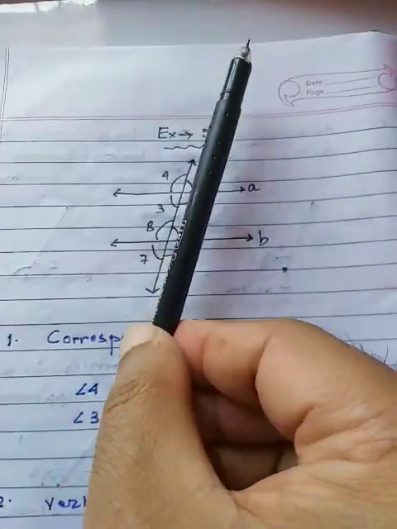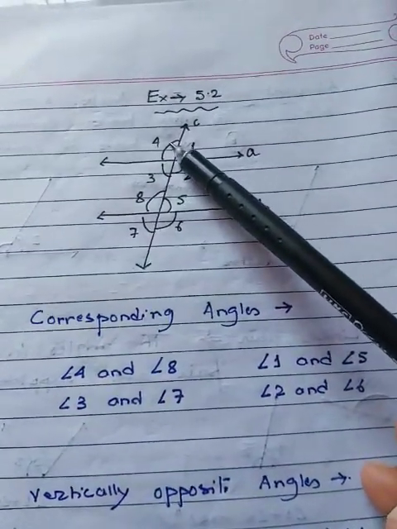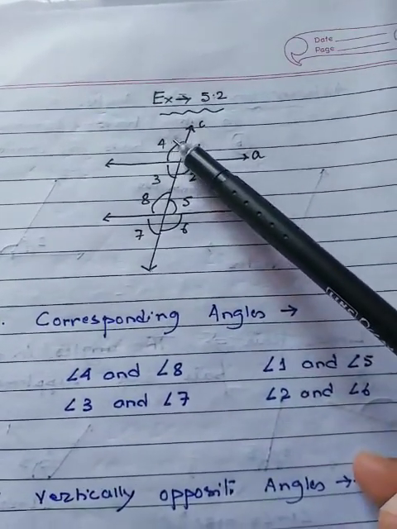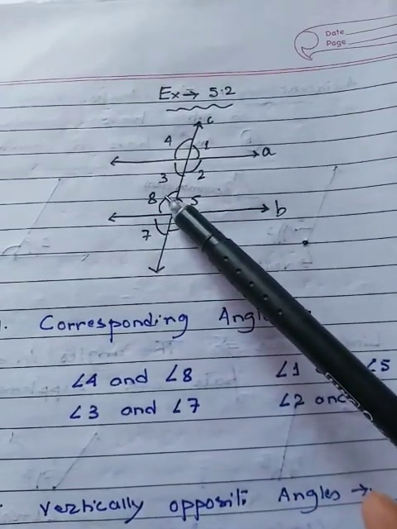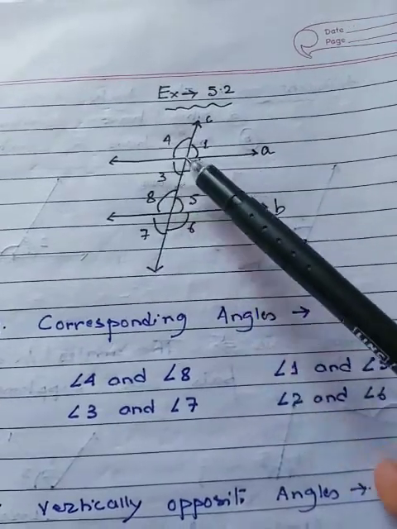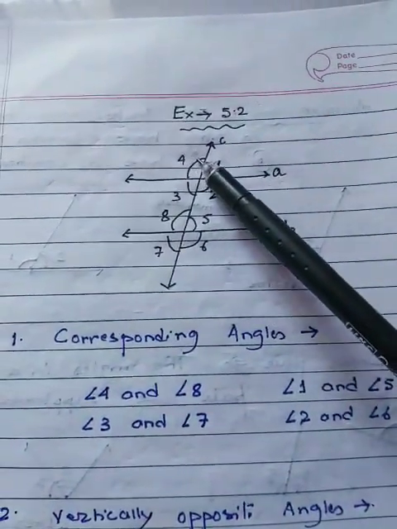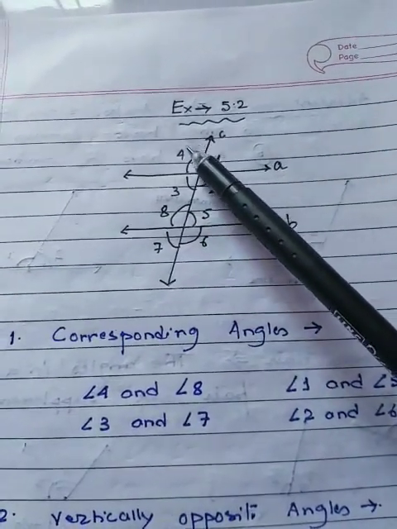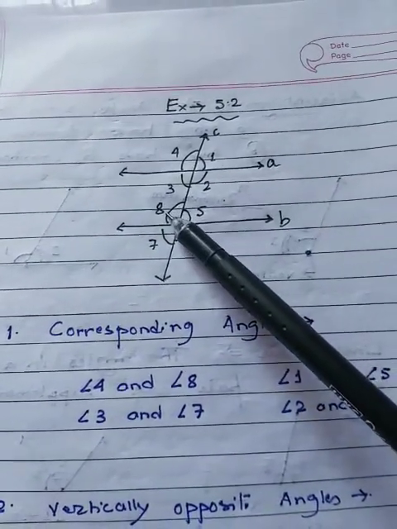One is exterior, that is outside the parallel lines, and one is interior, inside the parallel lines, but on the same side of the transversal line. So angle 4 and angle 8 are corresponding angles. They are equal. If this is 40 degrees, then this will also be 40 degrees. So angle 4 equals angle 8. This is the first relation.